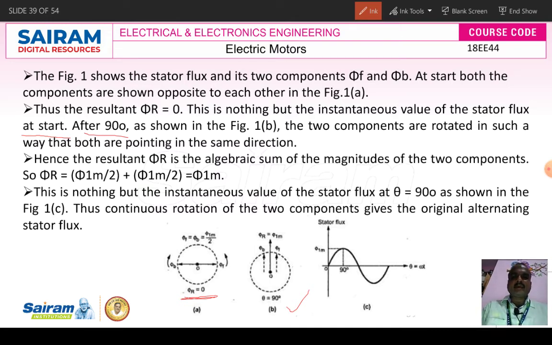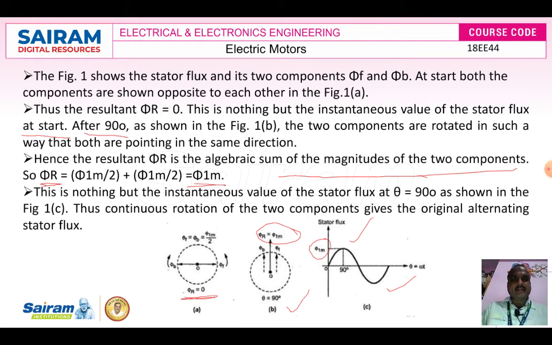Hence, the resultant flux is the algebraic sum of phi f and phi b, which is equal to phi 1m. So the sum of the magnitudes of the two components is phi r, and phi r is equal to phi 1m. This is the instantaneous value of the stator flux at 90 degrees, as shown in figure C. In figure C you can see the alternating stator flux, which has two halves: one is the positive half cycle and the other is the negative half cycle.